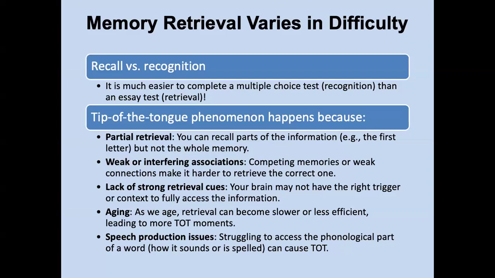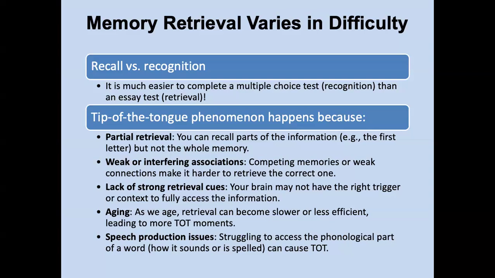If something is out there sort of on its own and doesn't have a lot of associations, then you're going to have trouble retrieving it. Or if there's interfering associations, and we'll talk about that coming up actually. If there's not a lot of retrieval cues, so like if there's nothing to help you trigger the information, you're going to have a hard time finding it.